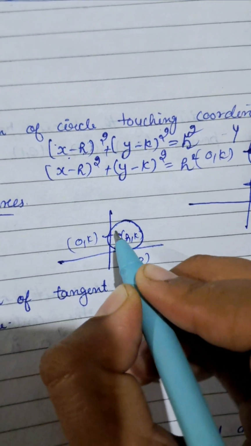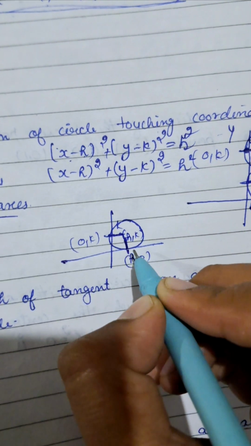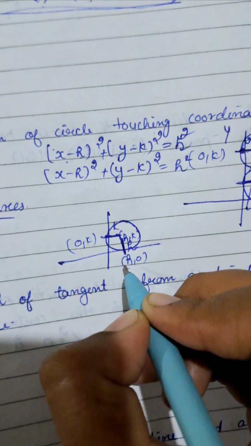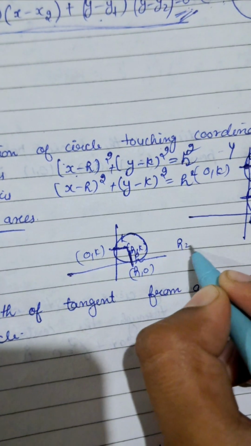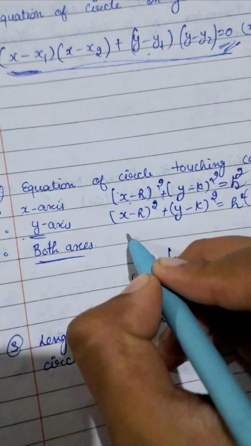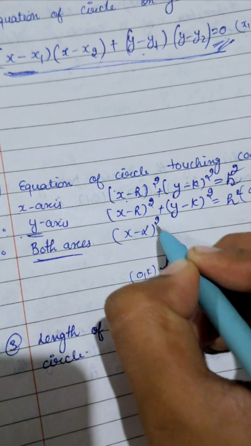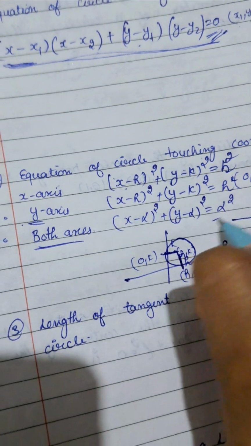When we use the distance formula, this distance becomes k and the distance between these two points becomes h. So the radius must be equal, that means h is equal to k. Let it be alpha. So the equation of this circle becomes (x minus alpha) square plus (y minus alpha) square is equal to alpha square.